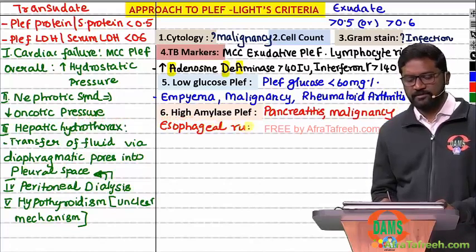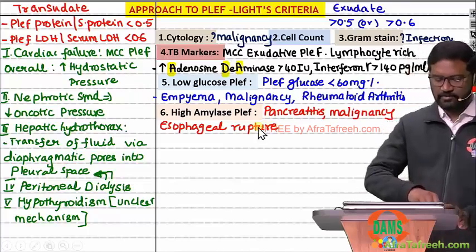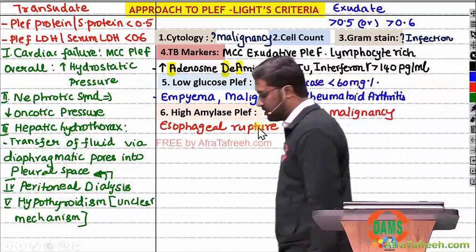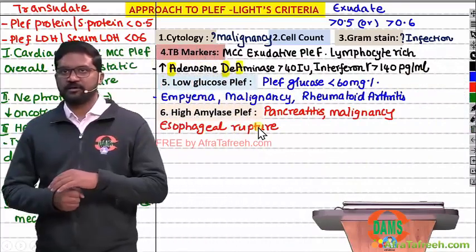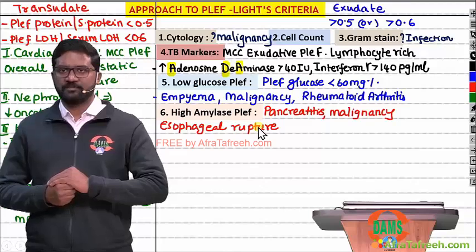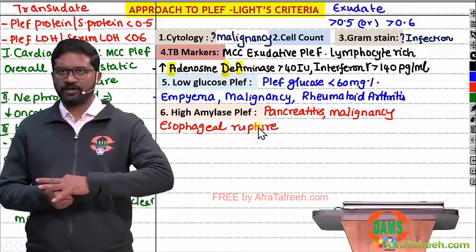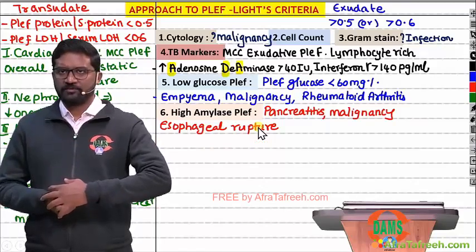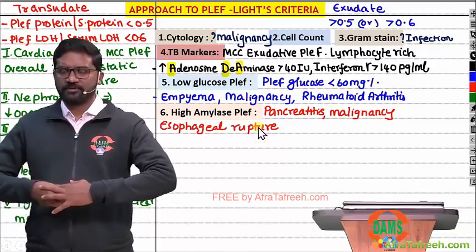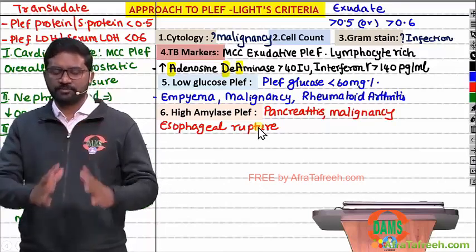Now first let us see how pancreatitis is responsible for pleural effusion. Once again, your pancreas is an infradiaphragmatic structure. So whenever it is inflamed, it irritates the diaphragmatic pores, resulting in opening of the diaphragmatic pores. Now through these pores, pancreatic inflammatory fluid will come into the pleural space.